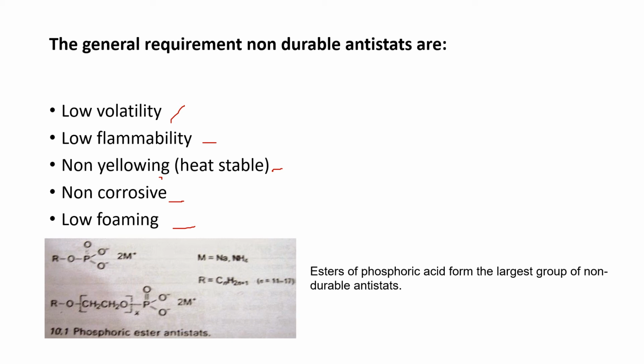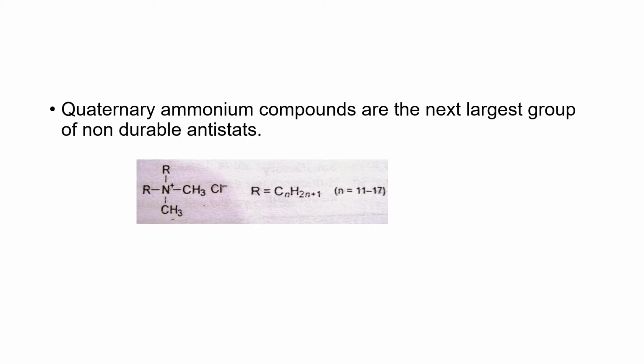Esters of phosphoric acid form the largest group of non-durable antistats. Quaternary ammonium compounds are the next largest group of non-durable antistats. Here is an ammonium antistat.